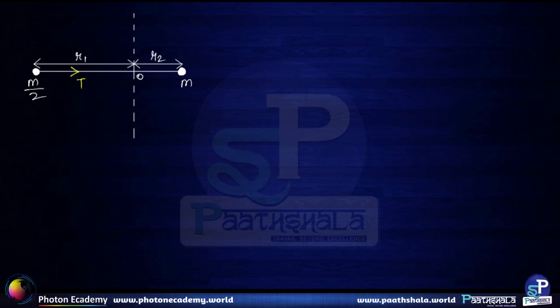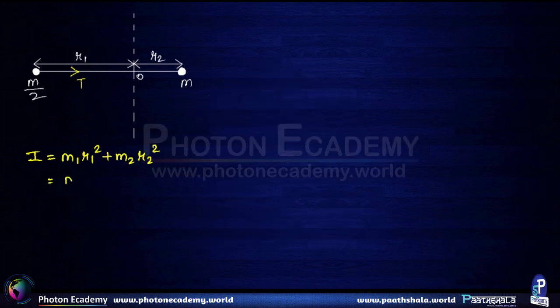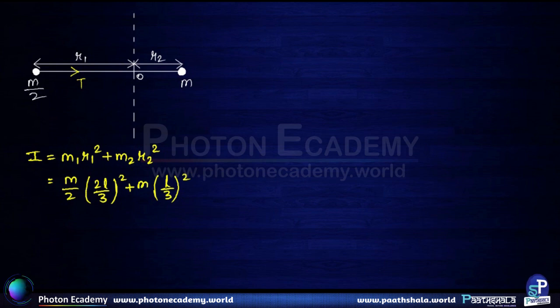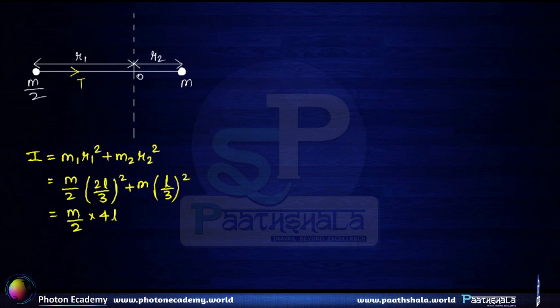The moment of inertia of this system will be m1 r1 square plus m2 r2 square. Putting the values, we get m by 2 into (2L by 3) square plus m into (L by 3) square. This is m by 2 into 4L square by 9 plus mL square by 9, which comes out to be mL square by 3.